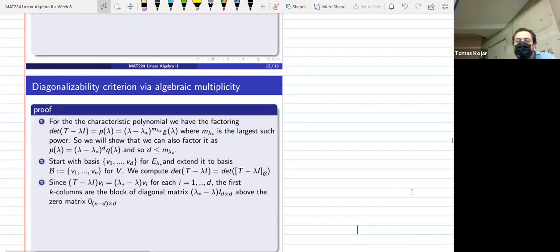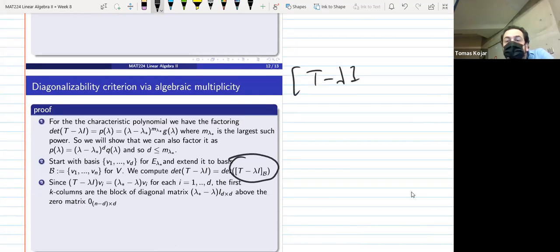All right, here I have to remind you some stuff. So how do we compute this? T minus lambda I, B. Can someone tell me how to compute the first column? You can use the mic if you want. So how will we compute the first column?